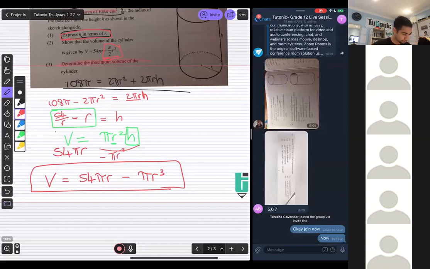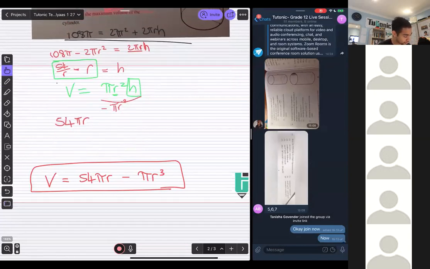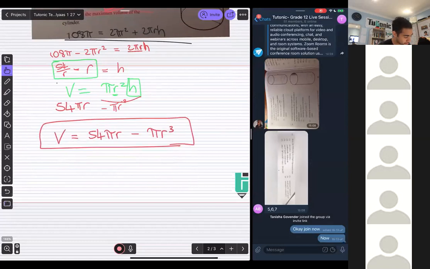Maximum volume? Make the derivative equal to 0. Does everybody understand that? Yeah. So what's the derivative? 54 pi r is 54 pi, because r is just, yeah.